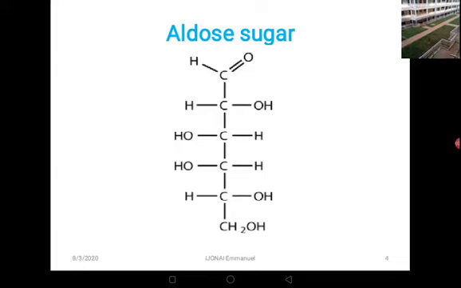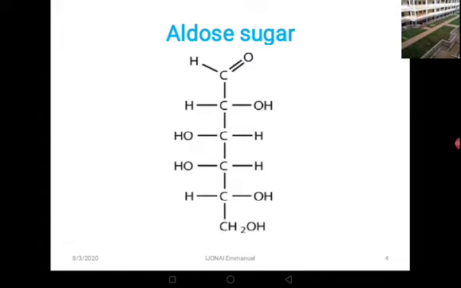So when that C double bond O is found at the terminal end of the structure, meaning there is no other carbon atom beyond the carbon atom with the double bond, that one is an aldehyde.